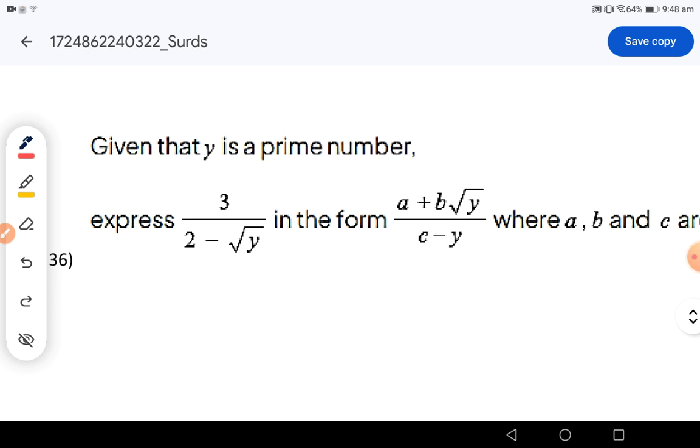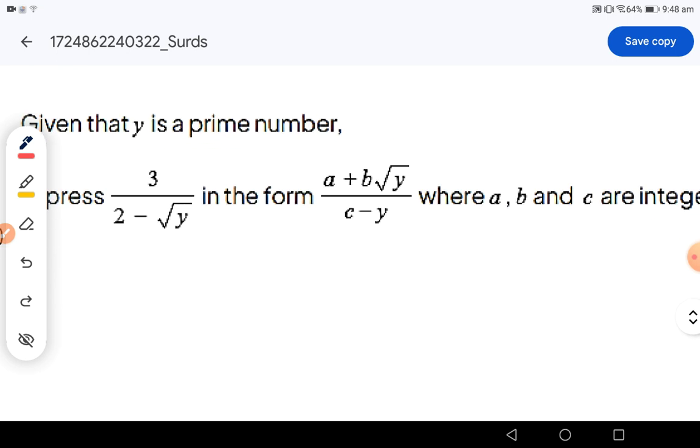Question 36. 3 by 2 minus root y in the form of a plus b root y by c minus y, where a, b, c are integers.